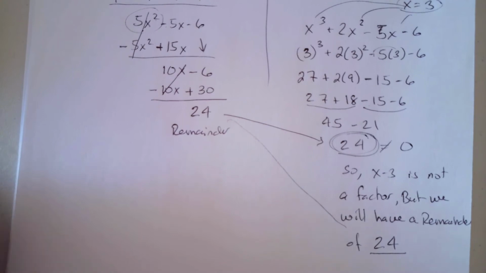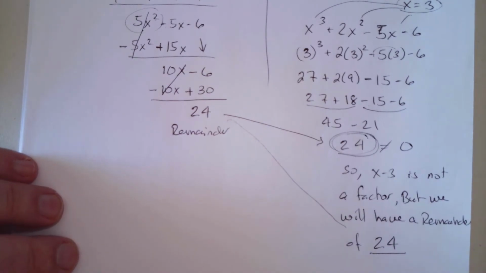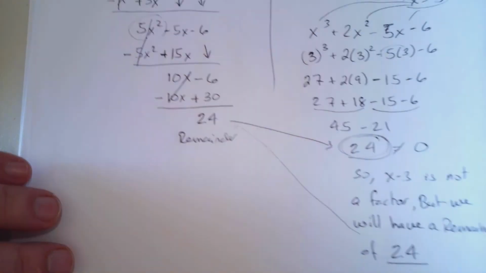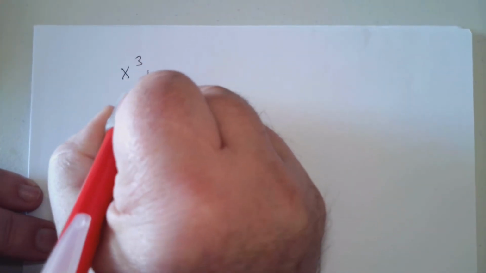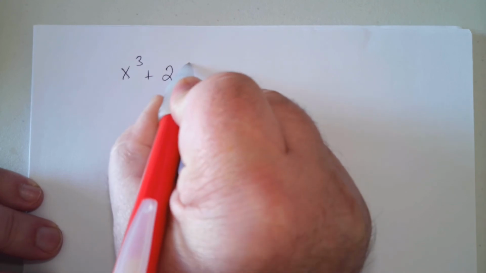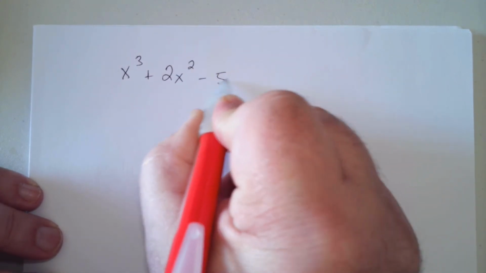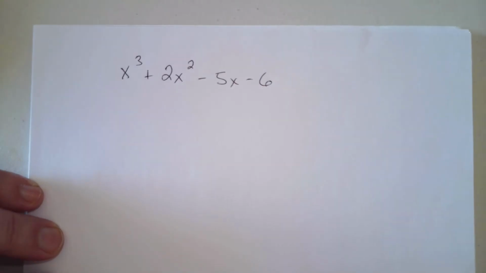So we know that x minus 3 is not a factor. Clearly, it won't always be that straightforward.